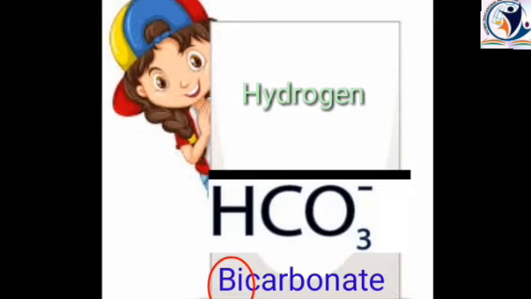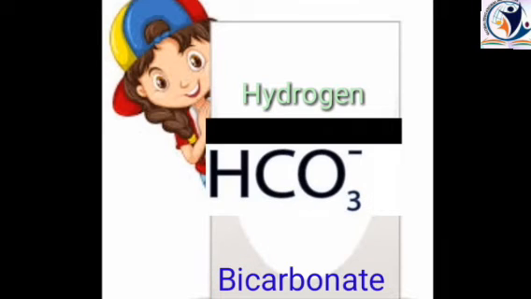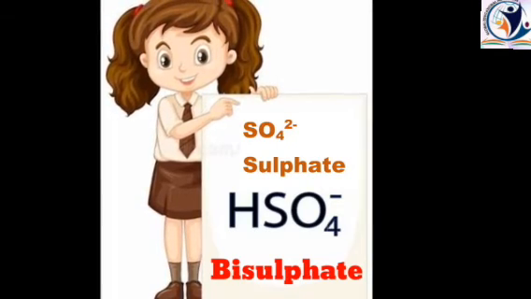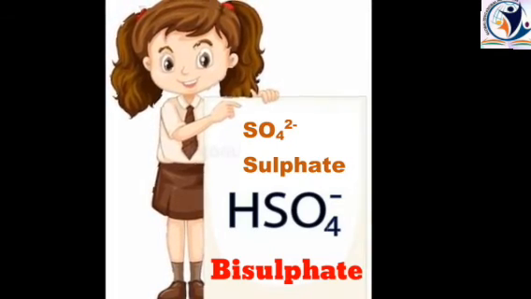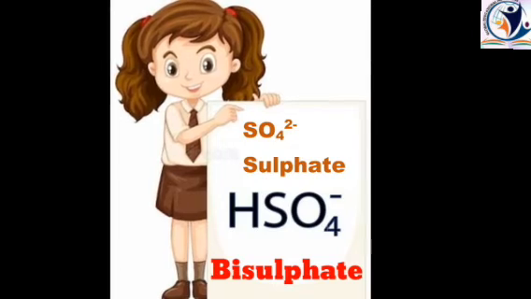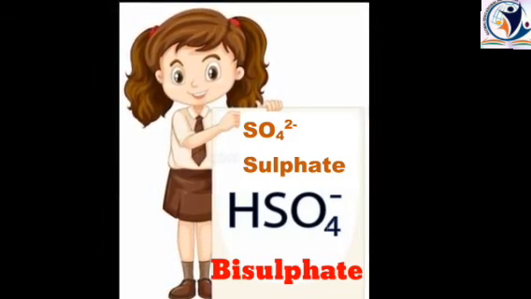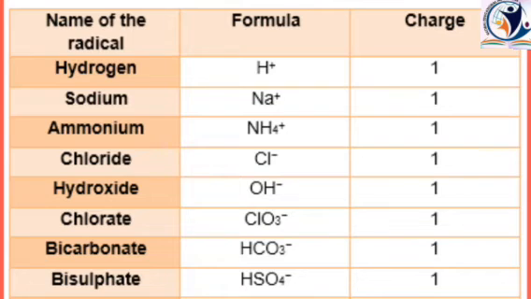Charges may differ here, that is a separate thing, but by seeing the word bi, you will understand hydrogen is added to it. Same here, another example, sulfate and bisulfate. You can see in bisulfate, the formula is HSO4 minus. So a small chart is being given to you to understand these.